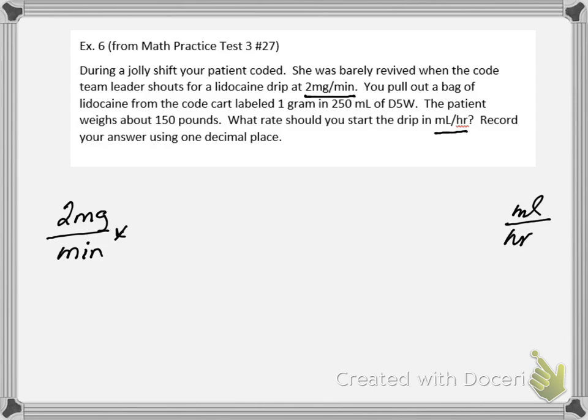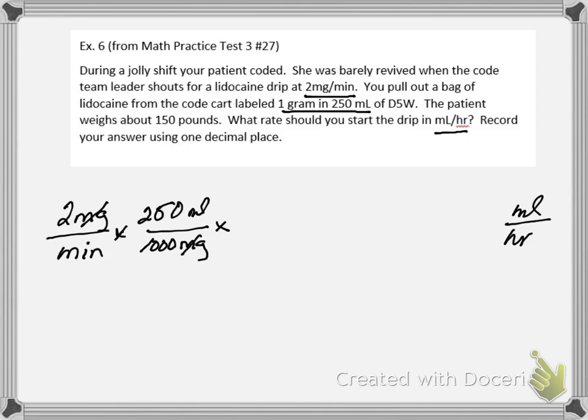On the code cart, there is 1 gram in 250 milliliters. So 250 milliliters goes on top. 1 gram is 1,000 milligrams. So I cross out what I can, and I'm in milliliters per minute.